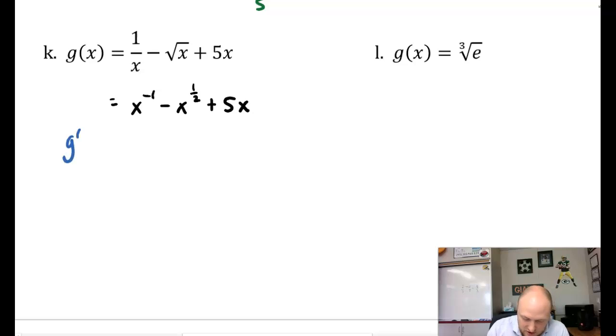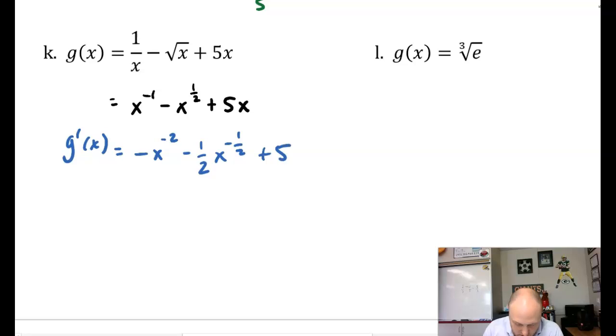So G prime of x would have given you this, -1 x to the power of negative 2 minus 1/2 x to the power of negative 1/2 plus 5. And then simplifying, negative 1 over x squared minus 1 over 2 square root of x plus 5.